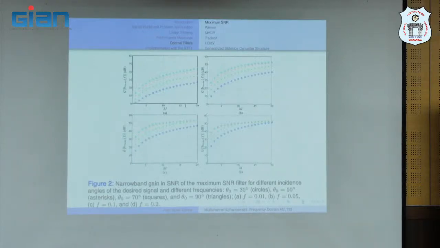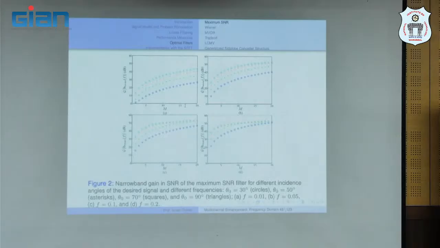Okay, so we have two options to improve the output signal to noise ratio. Either by having more spatial separation, when the desired source and interference come from different directions, or when we work with high frequencies, because with higher frequencies we have better directivity of the array, the beam width becomes more narrow, so we can separate them better.